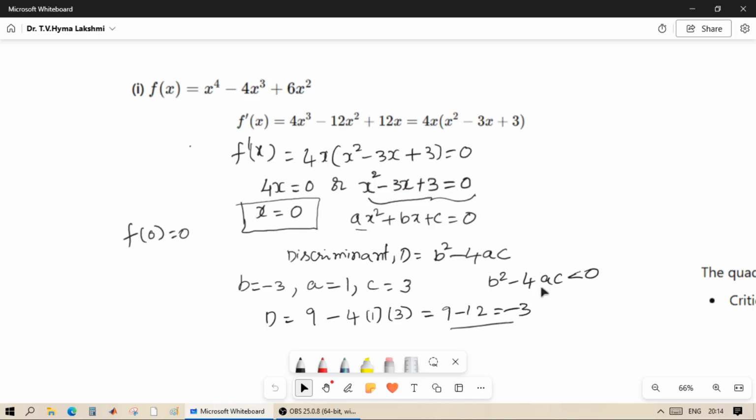So b square minus 4ac is minus 3 whole square, that is 9, minus 4 into a, which is 1, and c, which is 3. So b square minus 4ac equals minus 3, which is less than 0.